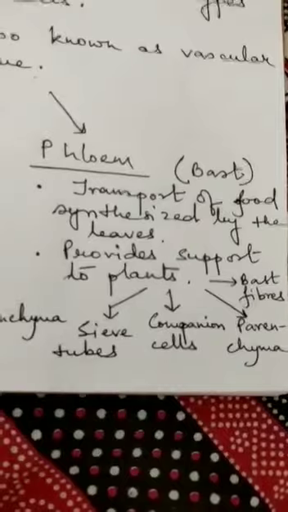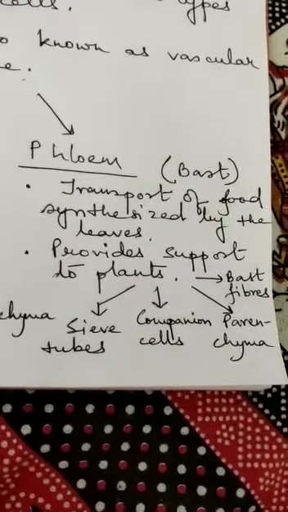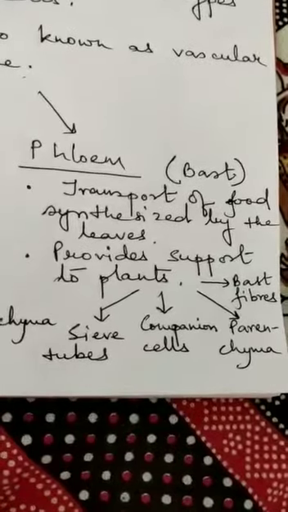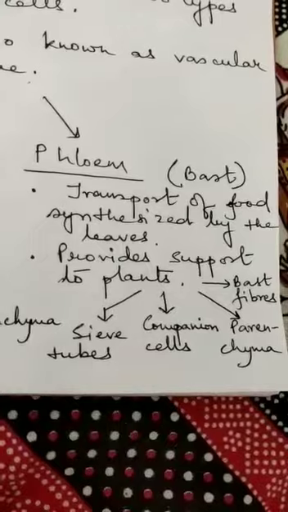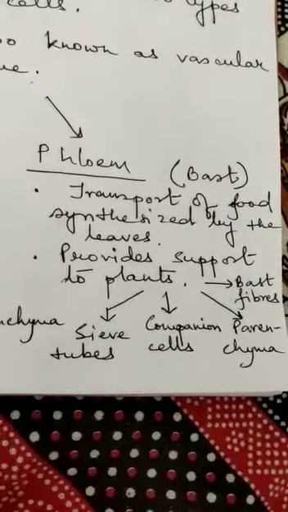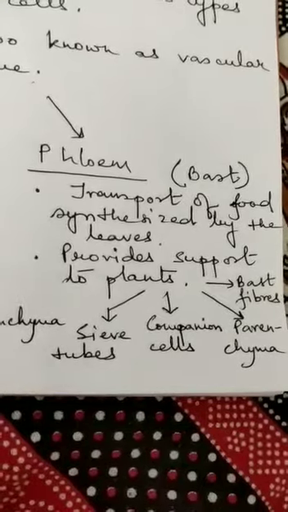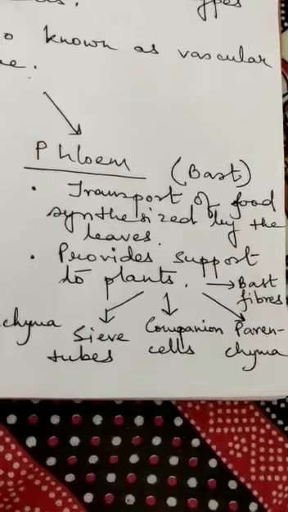Phloem again is of four types: sieve tubes, companion cells, parenchyma, and bast fibers. These four are different in location and functions, and these are the four components of phloem tissue.